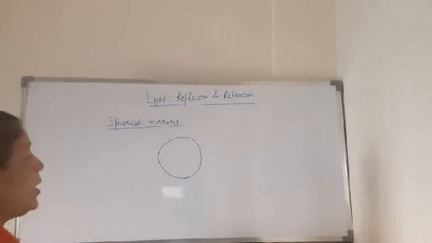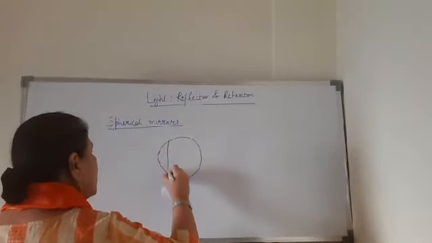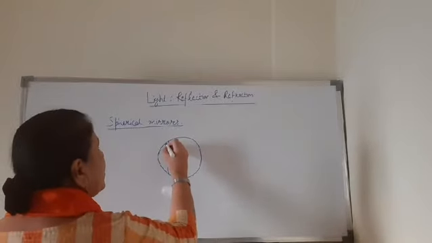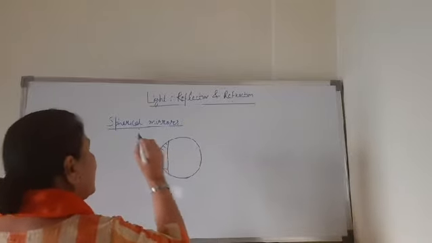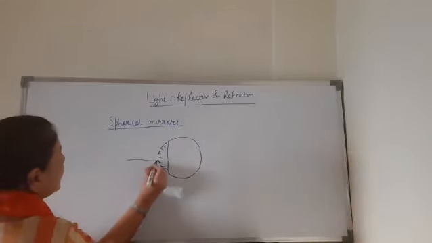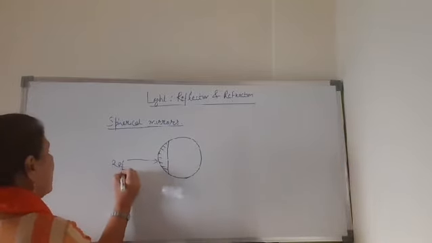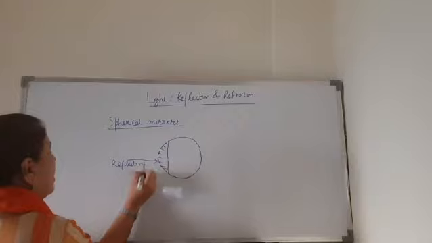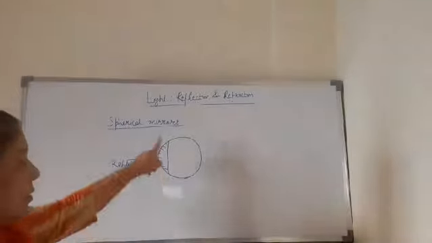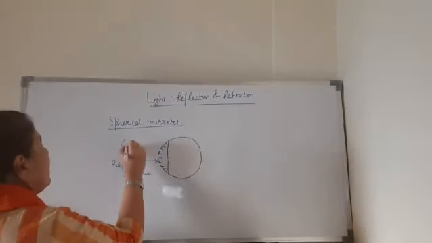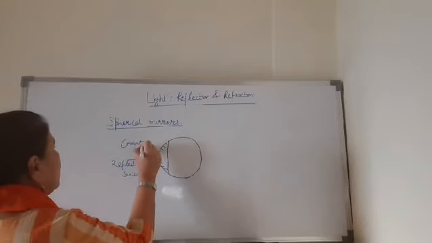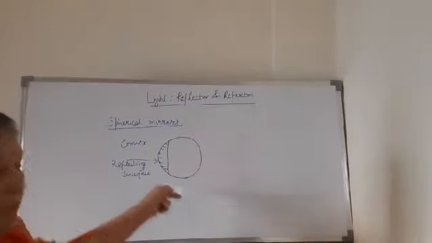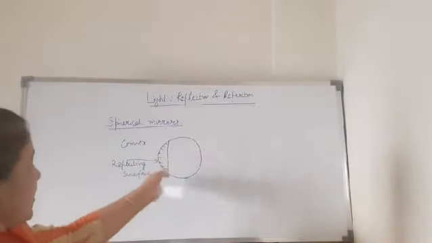If I take this part and paint or polish this side, then this is the reflecting surface which is shiny. So which kind of mirror will it be? It will be a convex mirror, bulging out. The reflecting surface is bulging out.